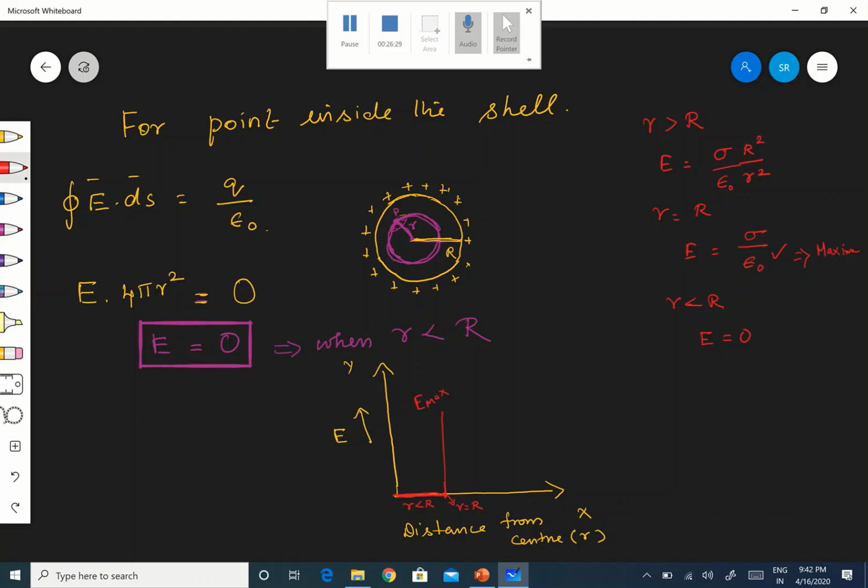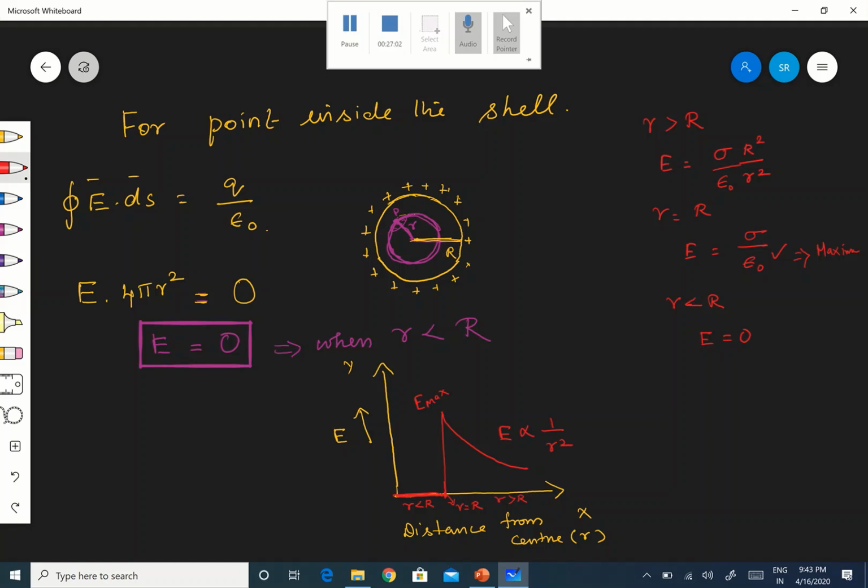After that, for r more than R, the shape will be like this, because E is inversely proportional to r squared.